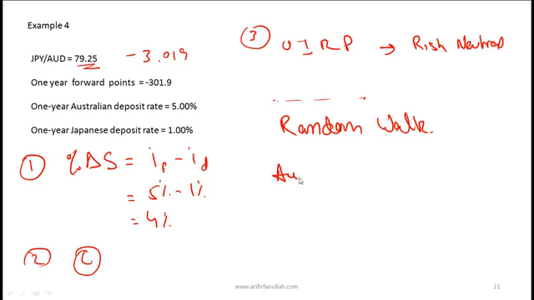So say you are the Australian investor and you have invested in a Japanese investment, and on the Japanese investment you are going to get a return of 1%, and since this is completely hedged, that means that your Japanese yen is going to appreciate by 4%.